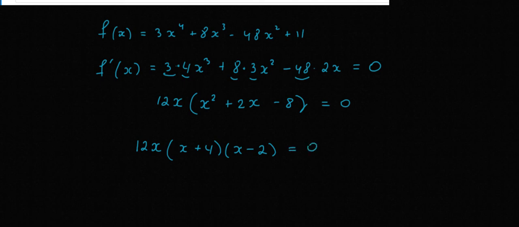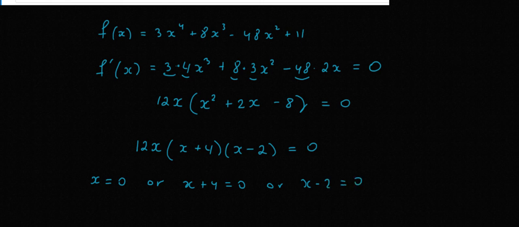Now our equation says that the product of 12x, x plus 4, and x minus 2 is equal to 0. And the only way this can happen is if one of the factors in this product is equal to 0. So one possibility is x equals 0, or x plus 4 is equal to 0, or x minus 2 is equal to 0.